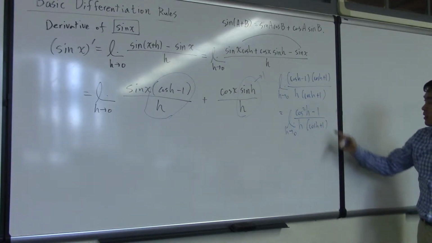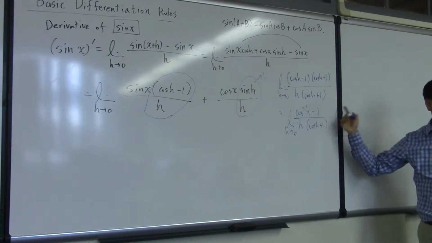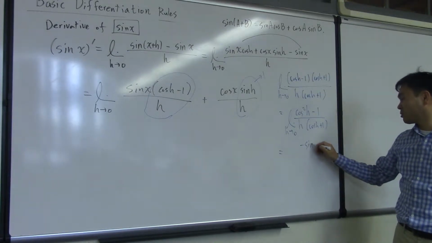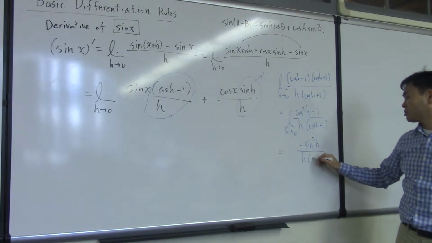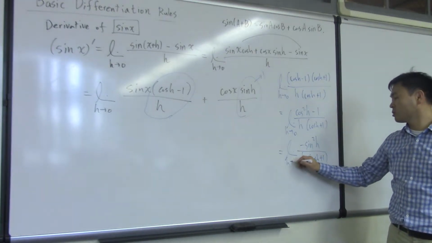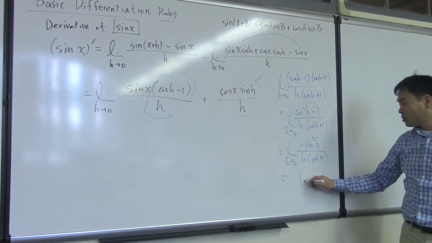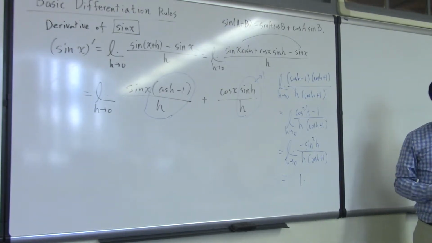If you use the fact that 1 is the same as sine squared plus cosine squared, the 1 and cosine squared cancel, sine squared survives, so you end up with negative sine squared of h over h times cosine h plus 1, limit h going to 0. Then sine h over h goes to 1, that we know, but there's an extra negative sign remaining on top, right?